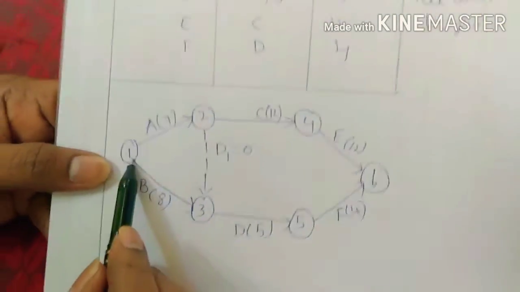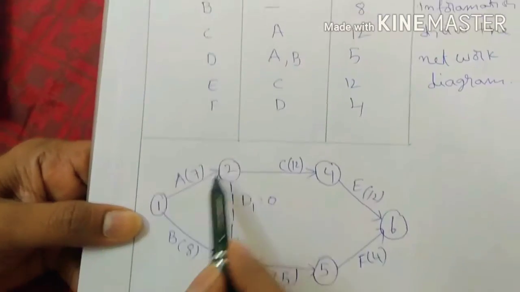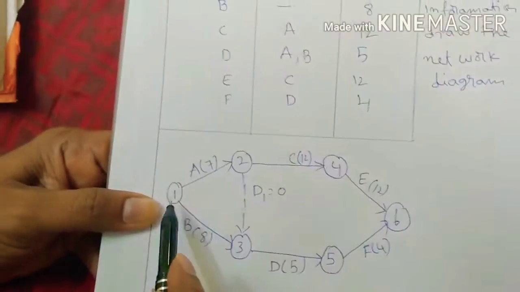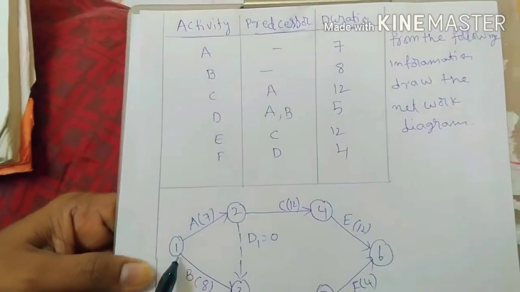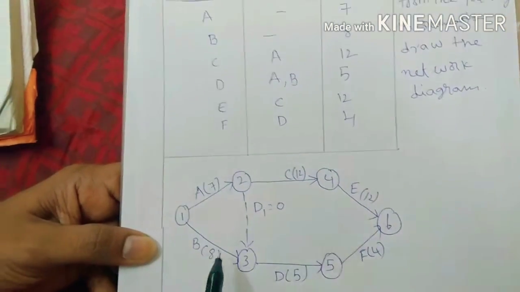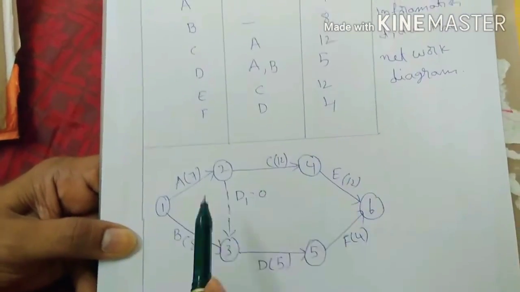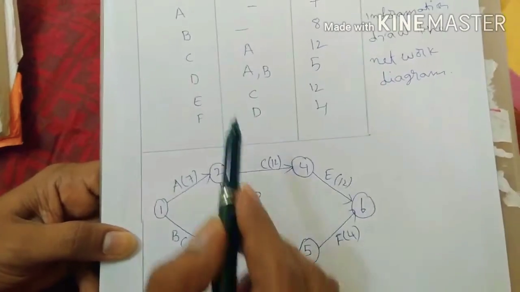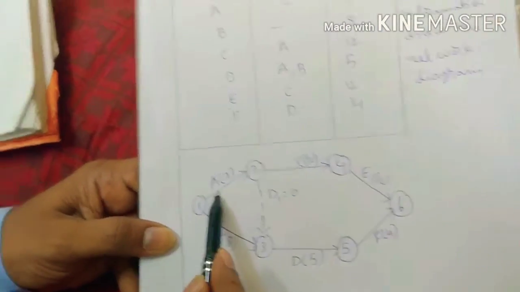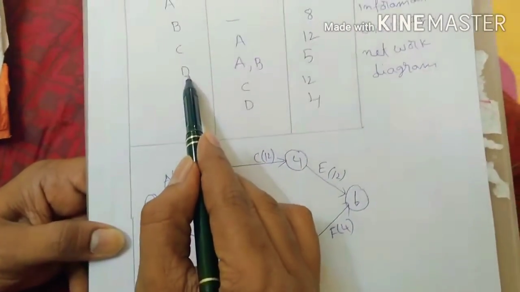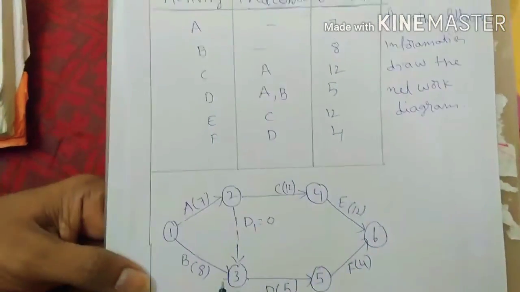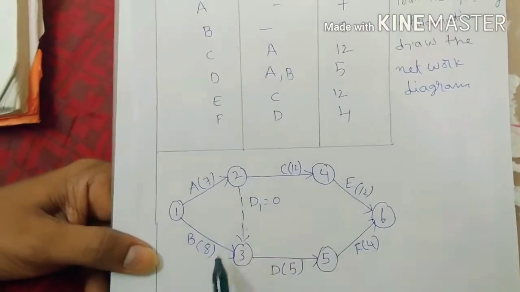So activity A, before it nothing is there. Activity B, before B no activity should be there. C activity, before C there is one activity, that is A. We need to cross-check. D activity is there. Before D, A and B should be there. Before D, A and B is there.